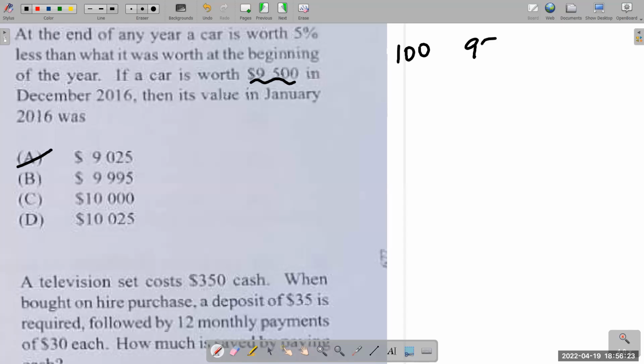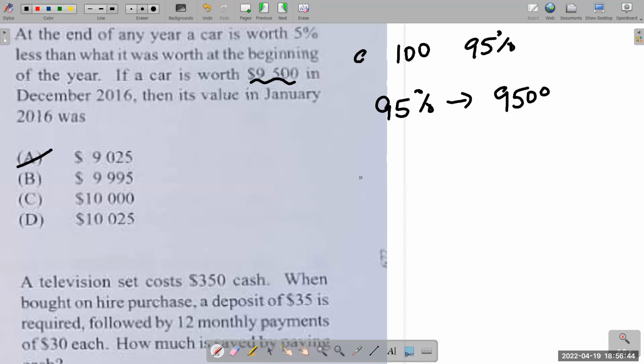It's 95%, if at the beginning of the year, it was 100%. Right or wrong? So remember, we're supposed to put two things that are equal. So at the end of the year, you're supposed to be at 95% because you dropped by 5. And if at 95%, you are at $9,500.